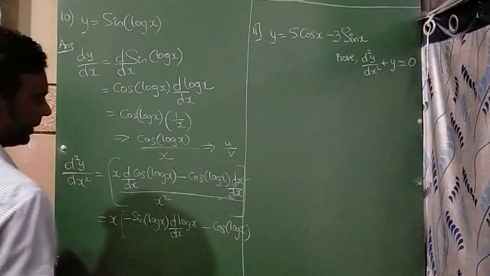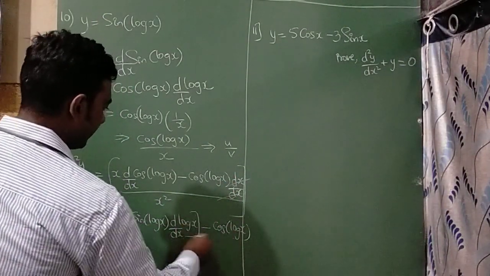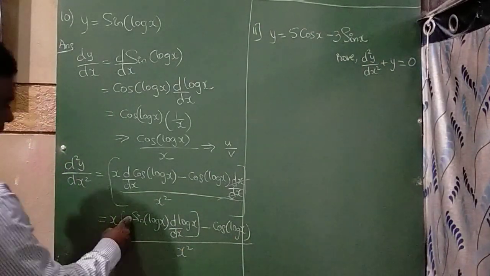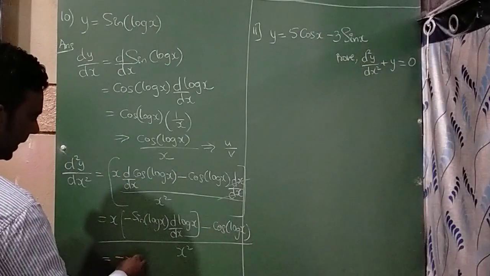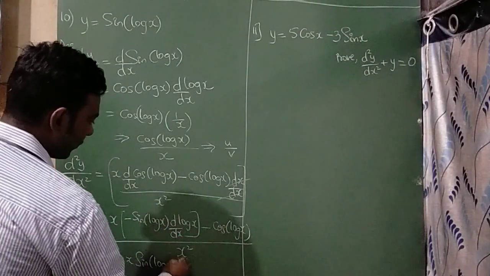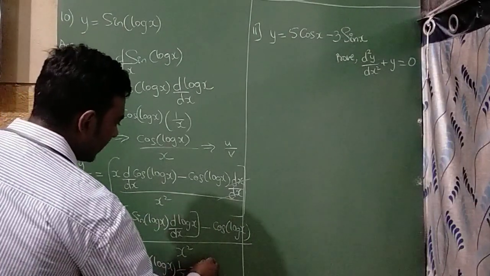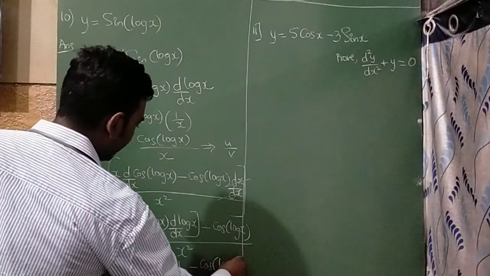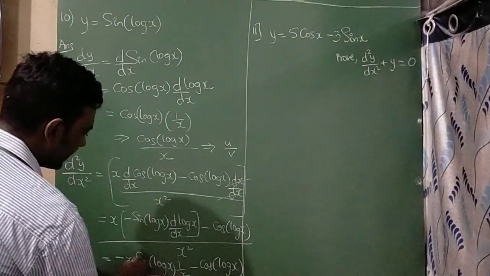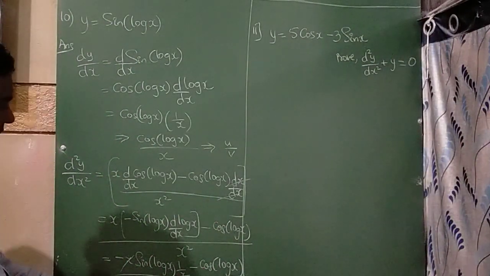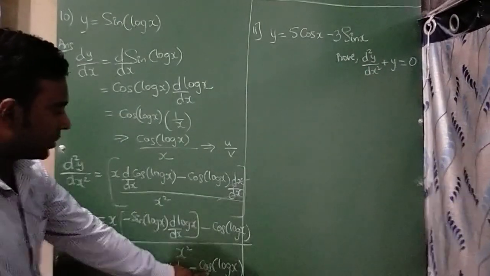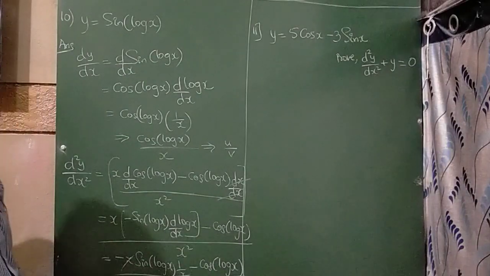This and this get cancelled. Fine. Whole divided by x square. So minus x sine log x, d by dx of log x is 1 by x, minus cos log x divided by x square. This x and this x get cancelled. So the final answer will be minus sin log x minus cos log x divided by x square.